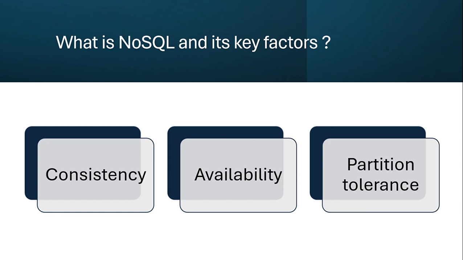Consistency means getting consistent results. For example, if you write something on any node, all the nodes should get the same consistent results. Availability is the ability to respond to very high volumes of reads and writes. And partition tolerance means the cluster remains available even when a part of it goes down.